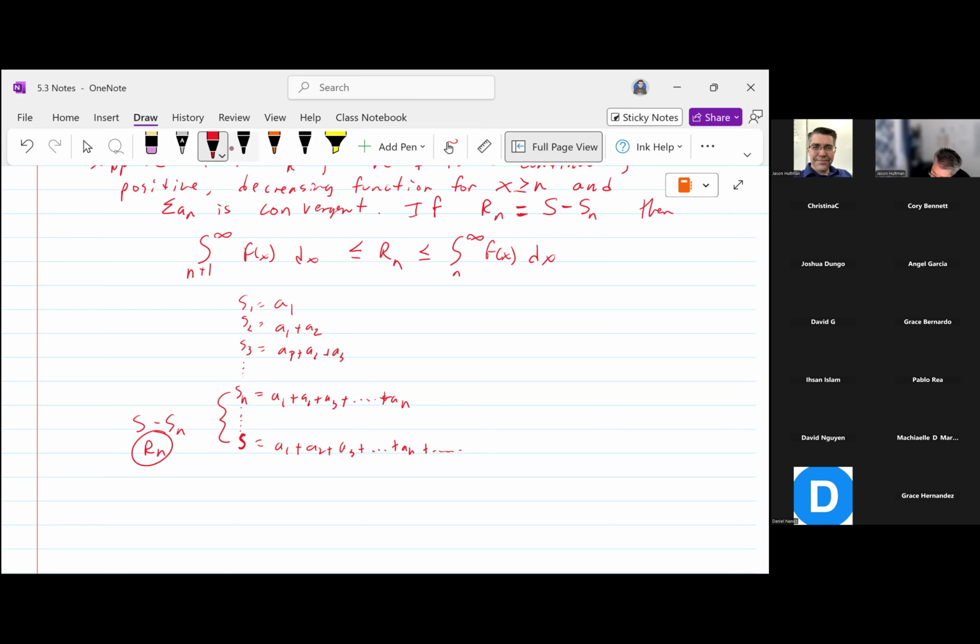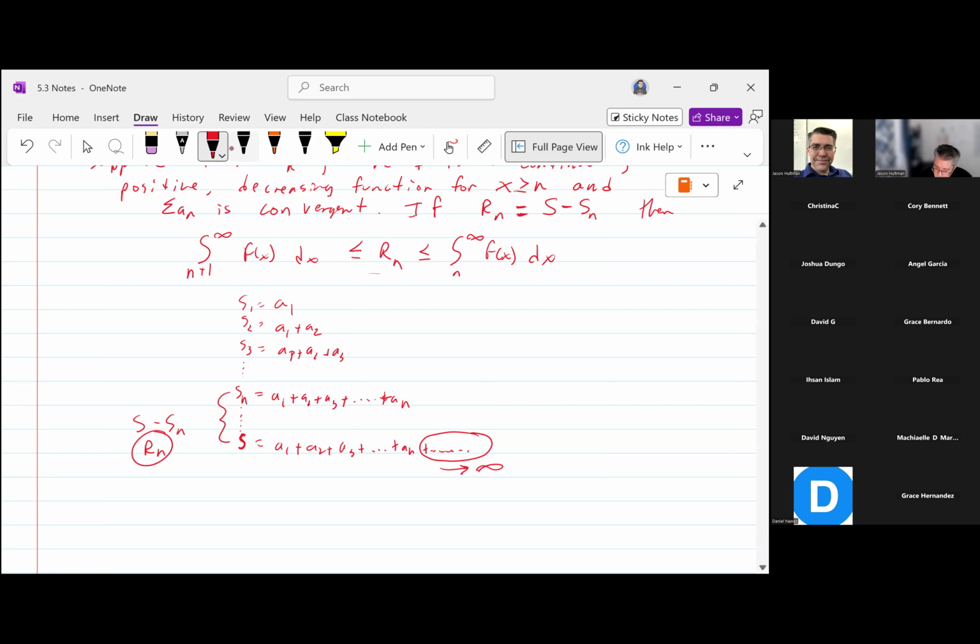I have all these extra terms that go off to infinity, but how much do those extra terms really matter? How much are they affecting my sum? Eventually they're not going to affect it much at all.